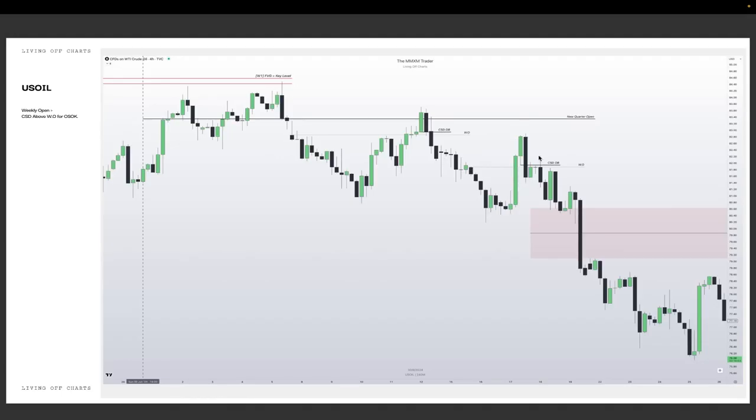CSD above the weekly open, that's a short here, this is a short here. This here is enough if you enter here with a stop above here and enter here with a stop above here. You do not need to drop down to 15, 5 or 10 minute time frames to catch a trade. This is literally all you need, and this is exactly what I did to pass the 2 challenges on FTMO and get max funding.